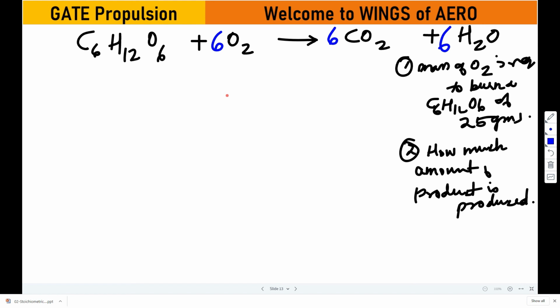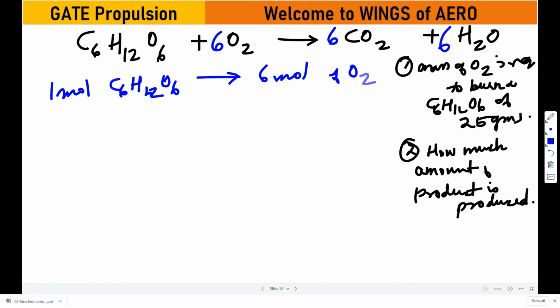Let me check. Yeah. So I can say 1 mole of C6H12O6 provides, here we are talking about oxygen, 6 moles of oxygen.